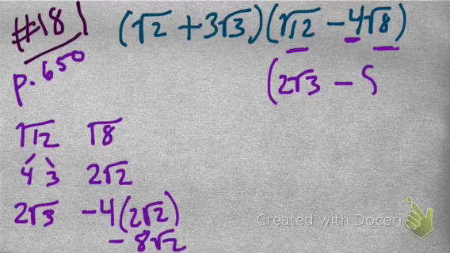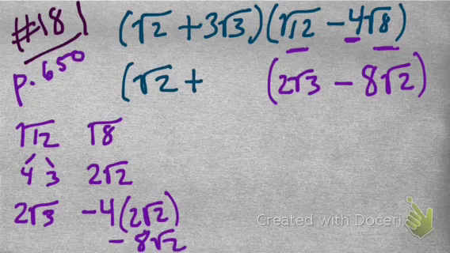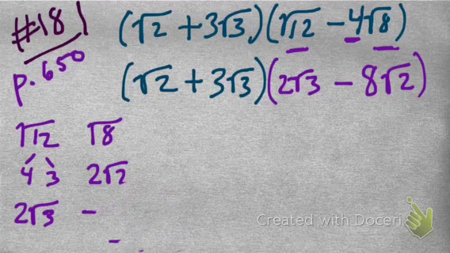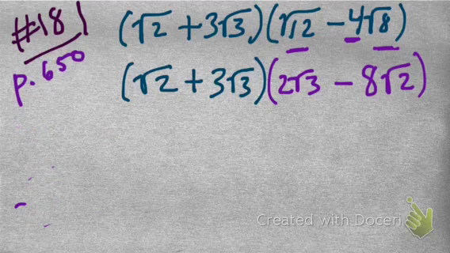So negative 8 rad 2 is what I'm multiplying for that binomial. And then my first binomial has primes inside the radicals, so they're not going to simplify. Those terms won't change. Alright, now I've got something that I feel like it's going to be doable.